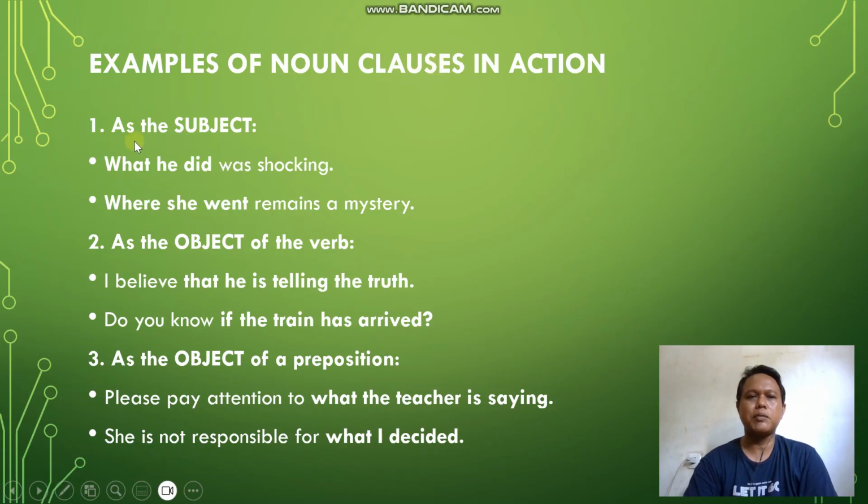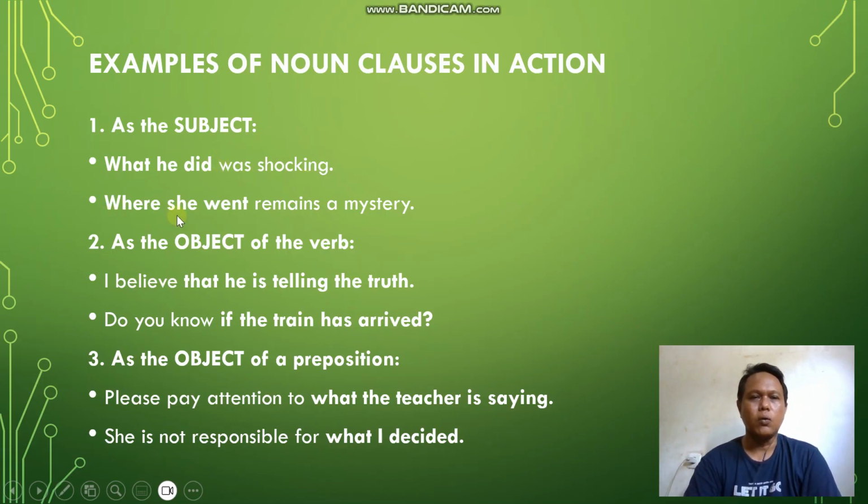A noun clause can be positioned as the subject. For example, "what he did was shocking." "What he did" is a noun clause, was is the verb, and shocking is the complement.